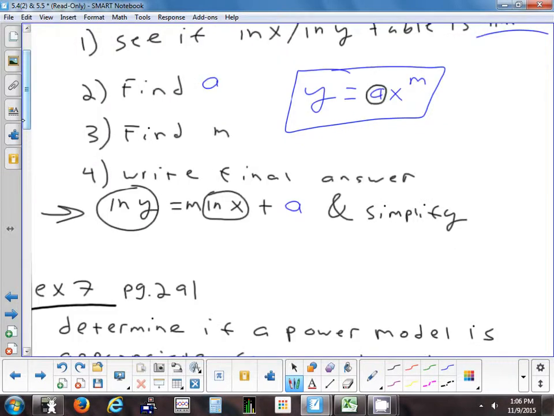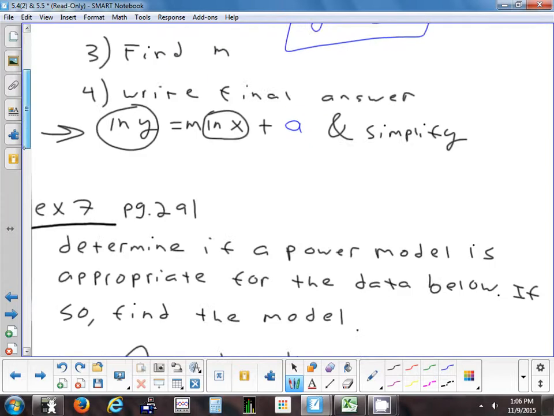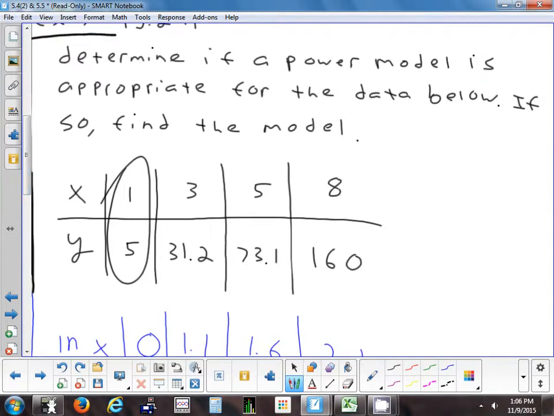All right, next thing we need to find is m. Okay, for that, I would pick another point in the table. Just don't use the same point again. Which point do you think I should pick? Yeah, I would do that just because it looks like those are exact values. These look like they're rounded off.